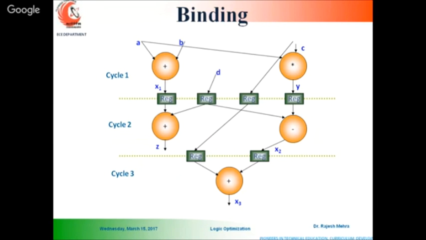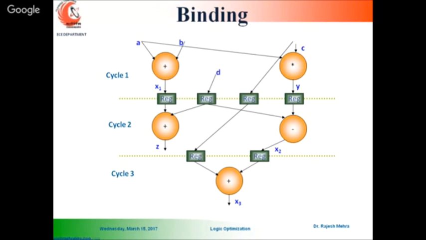For each crossing, at present we are not considering area optimization. We are providing or allocating one-to-one resources. Whatever is required, we are providing. We are not considering any area optimization.